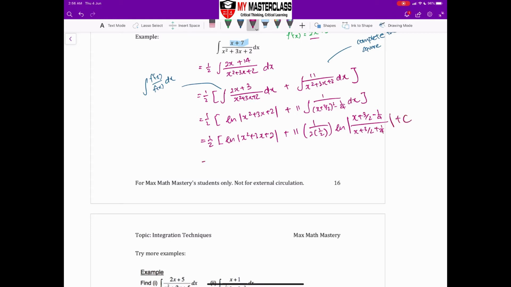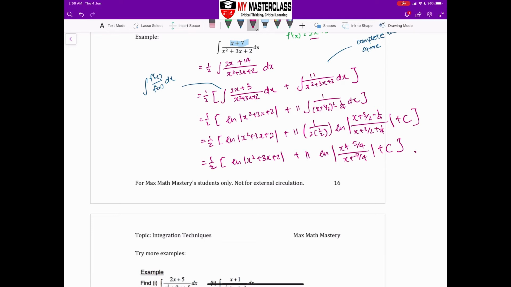So this we can further simplify to ln modulus x plus 5 over 4 divided by x plus 7 over 4 plus c. Okay, so this is how much we can simplify.